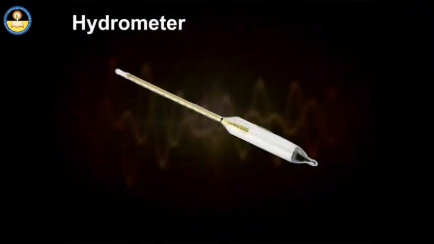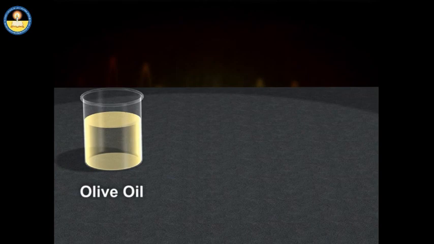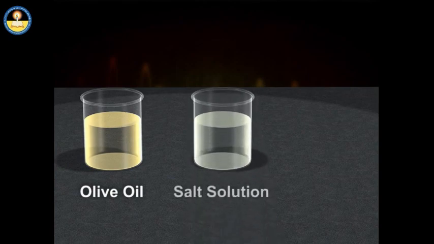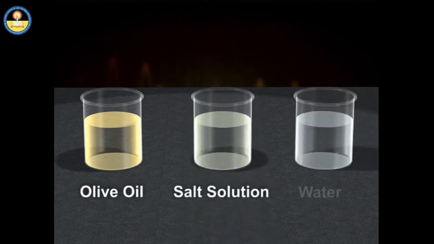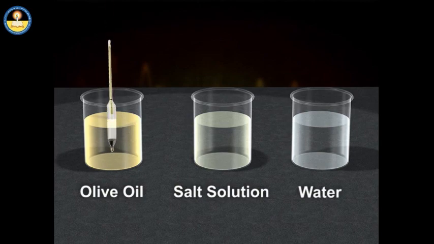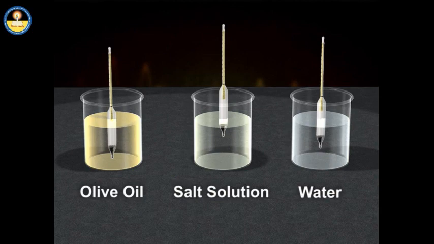A hydrometer is a device used to measure the density of a given liquid. It also works on the Archimedes Principle. Let us take 3 beakers containing olive oil, salt solution, and water respectively. The hydrometer is placed in each beaker, which measures the density of the liquid.